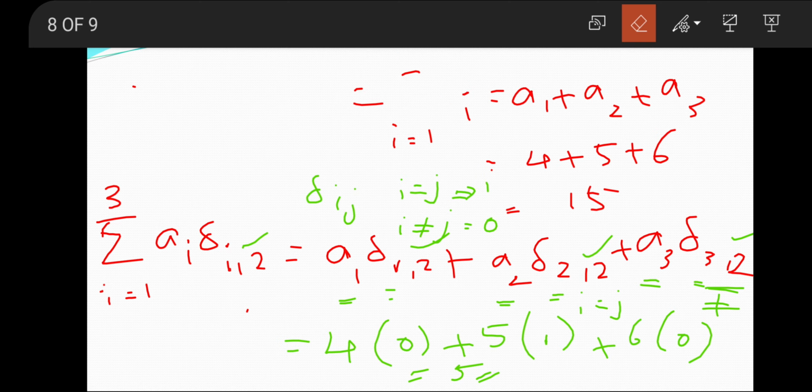So now we did the summation by considering the j value constant and varying the i value.